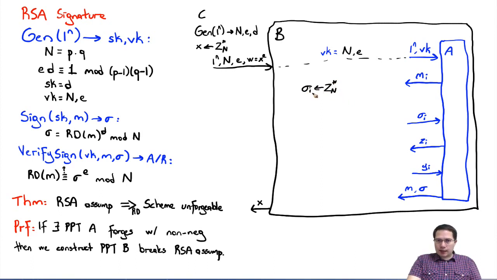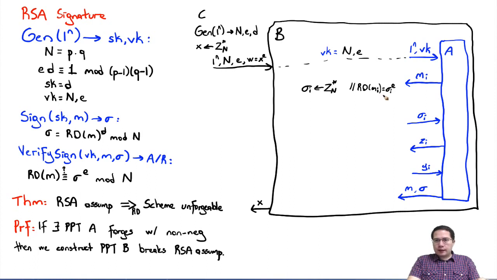Now this sigma i is a valid signature on Mi as long as this condition holds. Now this is not part of the code, this is a thought experiment. So if the random oracle output on Mi is equal to sigma i to the power E, then this sigma i would indeed be a correct signature for Mi.